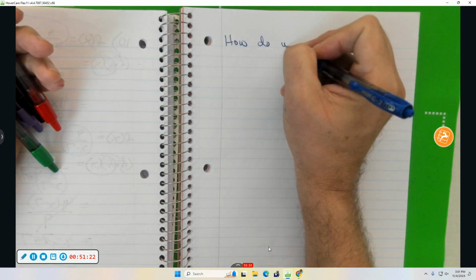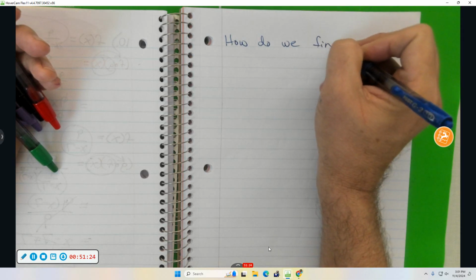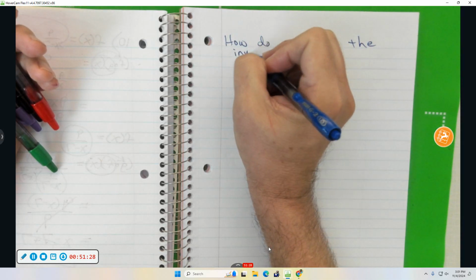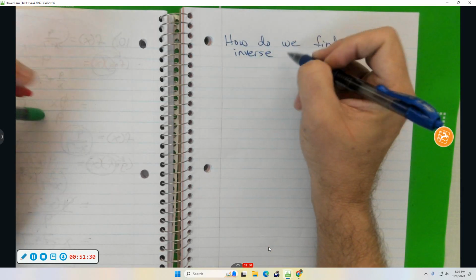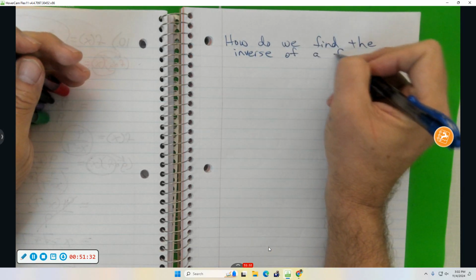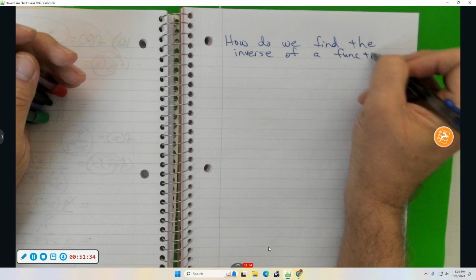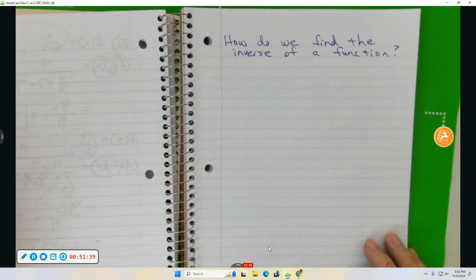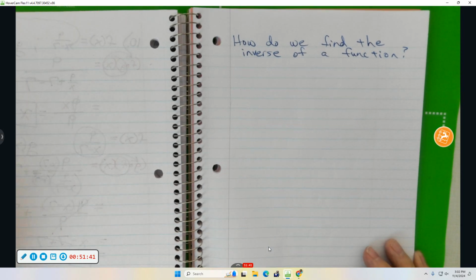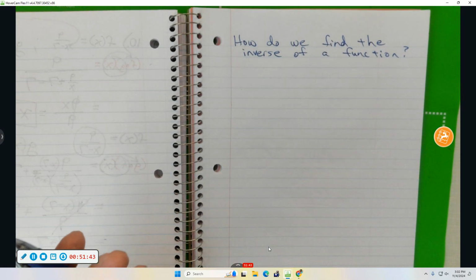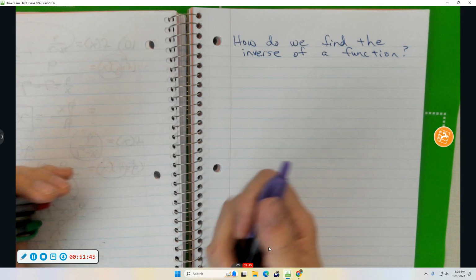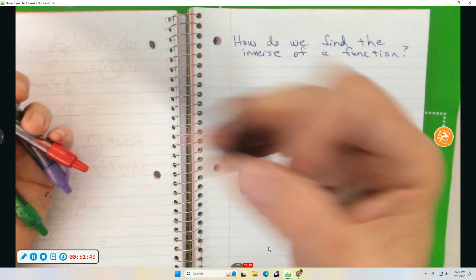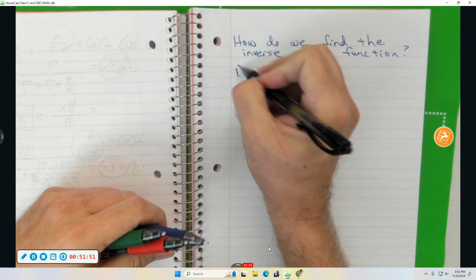How do we find the inverse of a function? We have a little procedure here, but it's a short procedure. It's not like the cut point method or completing the square with all those steps. First thing you have to do, you have to verify that the function they gave you is one-to-one.